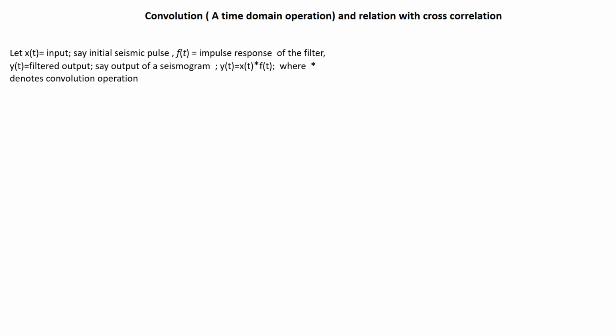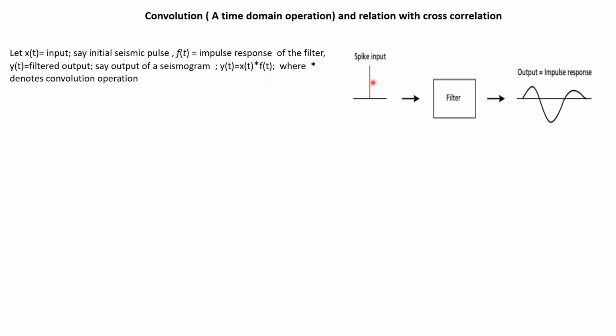Like autocorrelation and cross correlation, convolution is also another important operation. Suppose we have an input and a filtered output. Convolution is defined as the input convolved with the impulse response of the filter. Pictorially, a spike input is passed through a filter, and as per the impulse response of the filter, the output is defined.